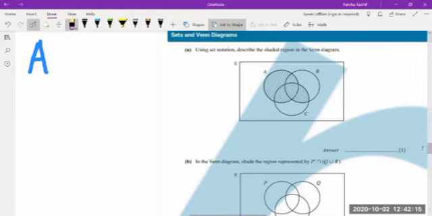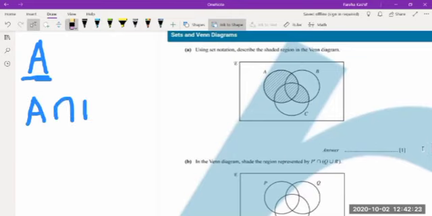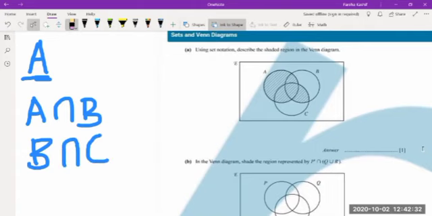So we have the whole of set A, plus we have the part where B is intersecting with C. So let's see.